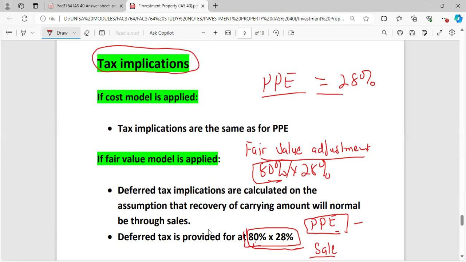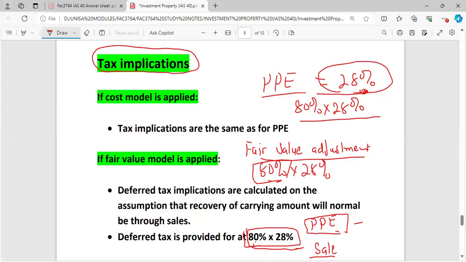If they are going to continue using the PPE, then you only use 28%. But if they are going to sell the PPE, then you can now use 80% times 28%. So in your question, always look at what is going to happen to the PPE.